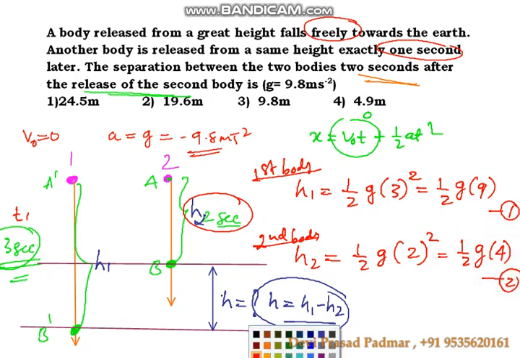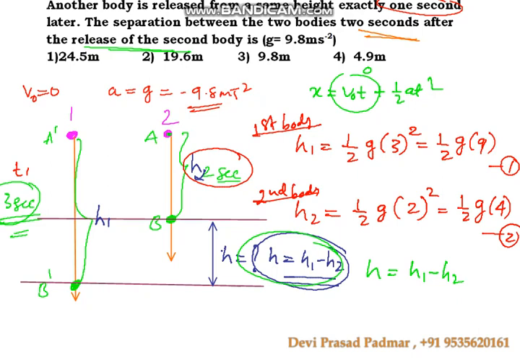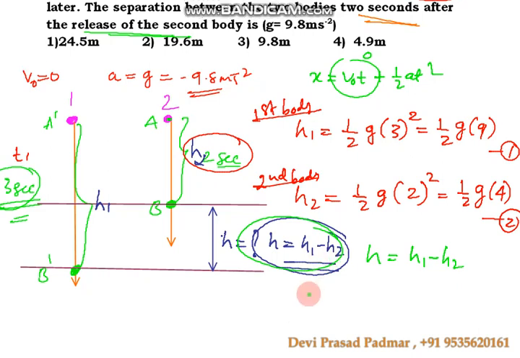Finally, h equal to h1 minus h2, so using equation 1 and equation 2, it is a simple calculation. h equals half g into 9 minus half g into 4.